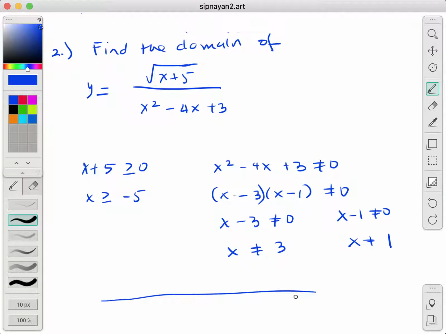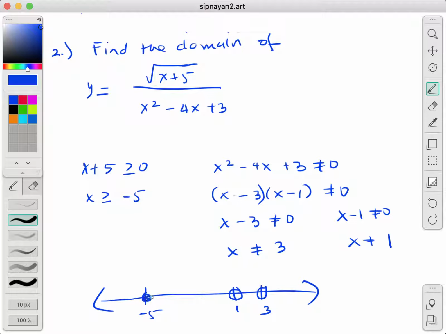So, kung meron tayong number line, meron tayong negative 5, meron tayong 3, saka meron tayong 1. So, this is 1 for example. This is 3. Bawal silang dalawa, not equal. So may bilog tayo dito. Blanco. But all numbers greater than or equal to negative 5 being domain.